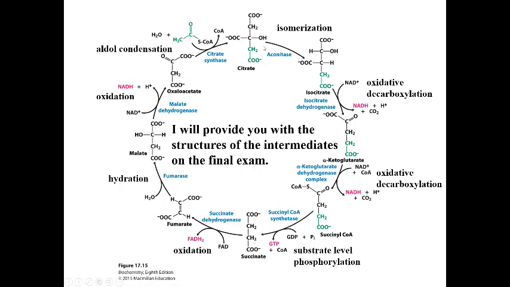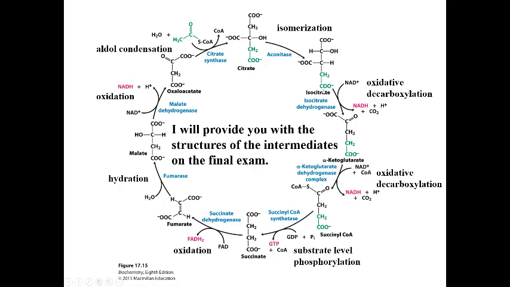The first reaction in the pathway is an isomerization, where you move the hydroxyl group from carbon 3 to carbon 2. Then you do the oxidative decarboxylation, as I explained to you. You lose a CO2 molecule and use reducing power to generate a reduced NADH. The next reaction is a second oxidative decarboxylation, where again you lose a CO2 and generate reducing power in the form of NADH.